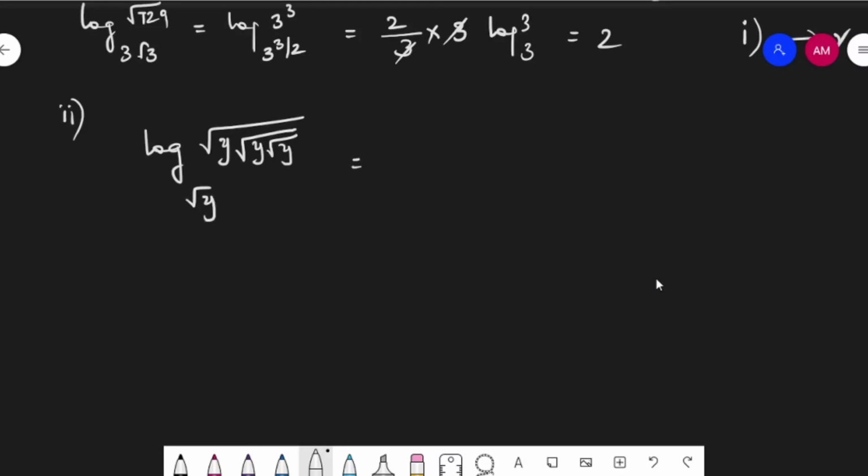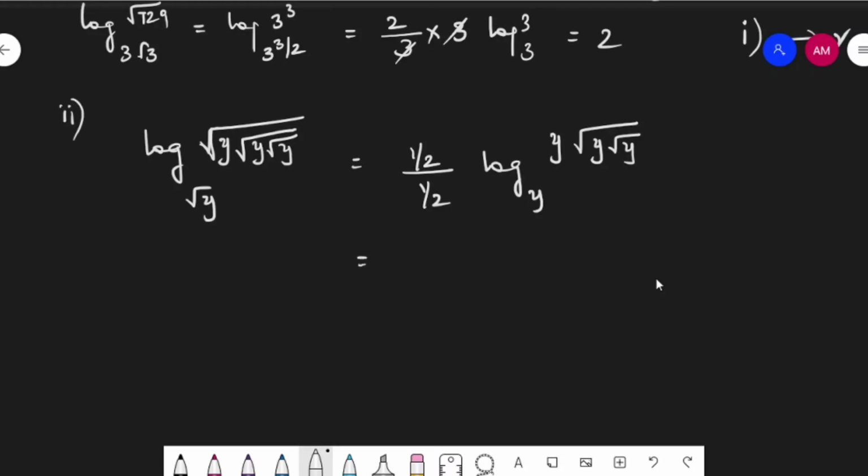See here, we have a square root and we have root y. So what we will do, we take out this root. How can we write it? 1 by 2 by 1 by 2 log y into root y to the base y.